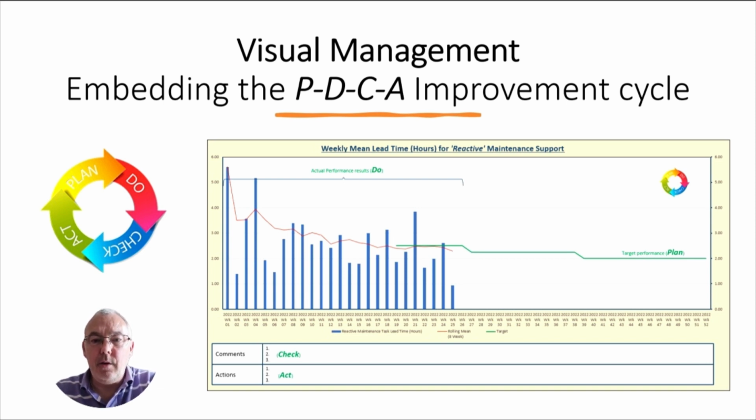The first is always try to include a performance target within our graphs, even if this is relatively arbitrary to begin with. The other enhancement, and again this is one that I encourage as a matter of course, is to include comments and action fields on all of our performance graphs.